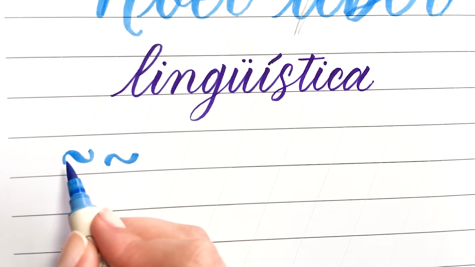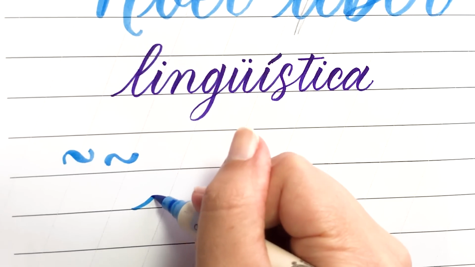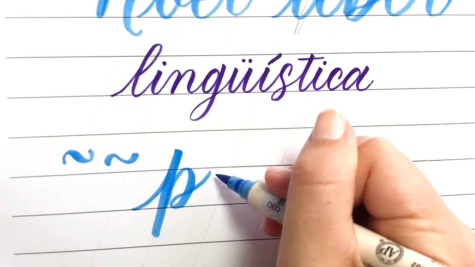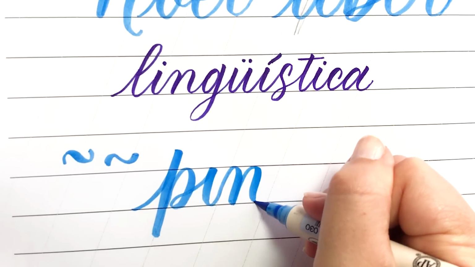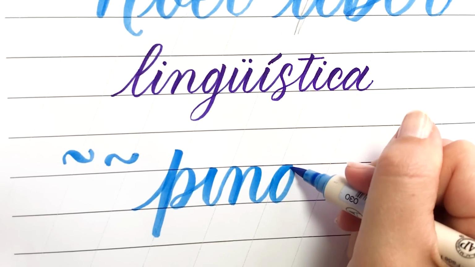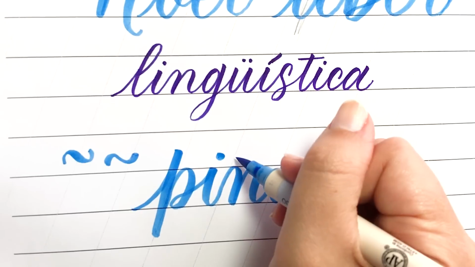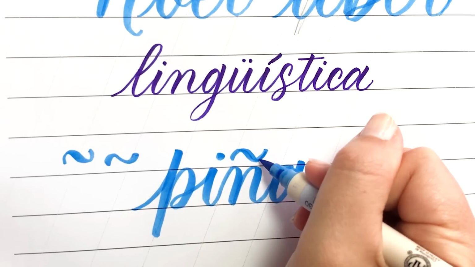So thin on the outsides and thick in the middle, or the opposite. And I'm sure if you're an English speaker, the first word that came to mind is piñata. We often borrow Spanish words like piña for pineapple or piñata.